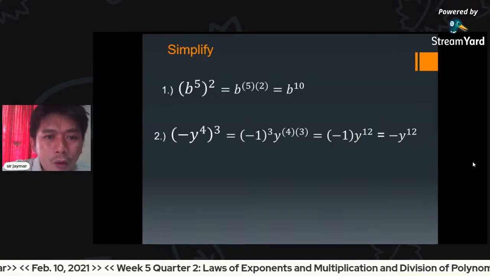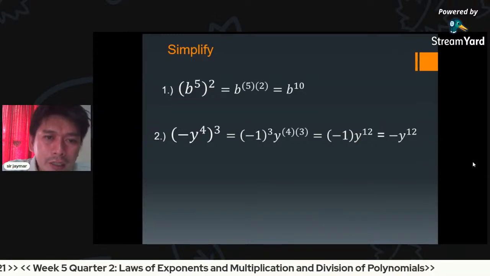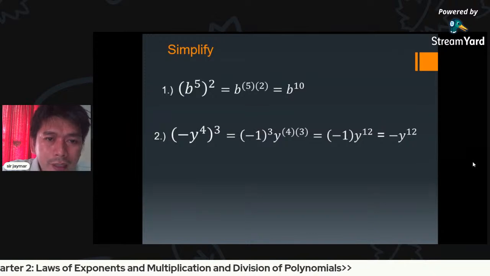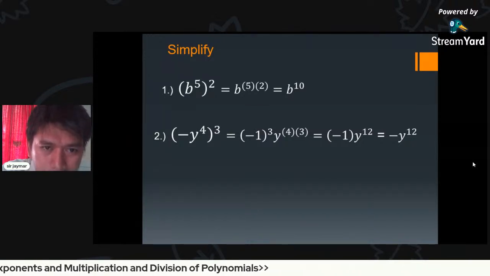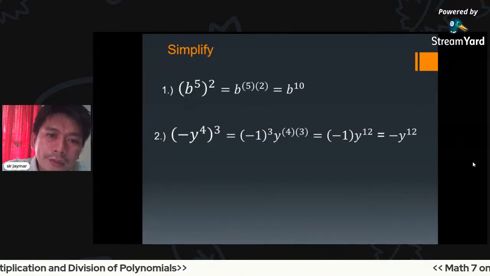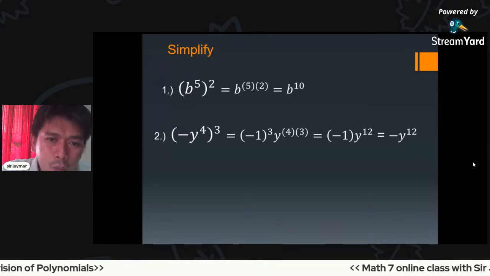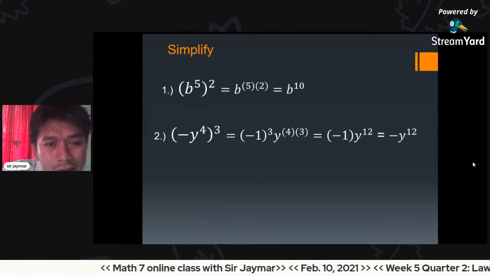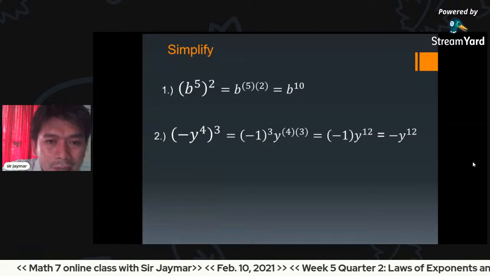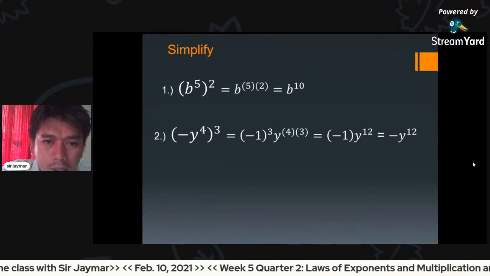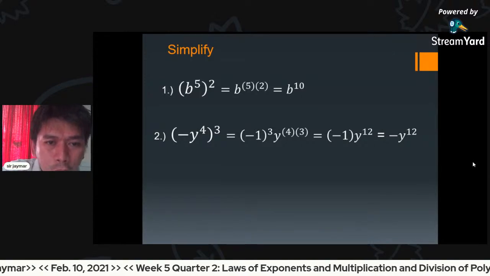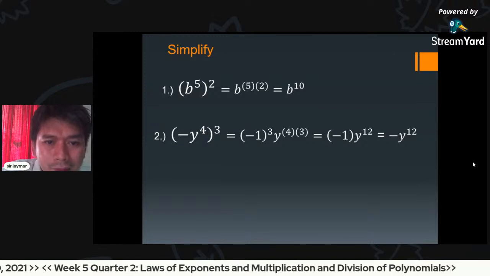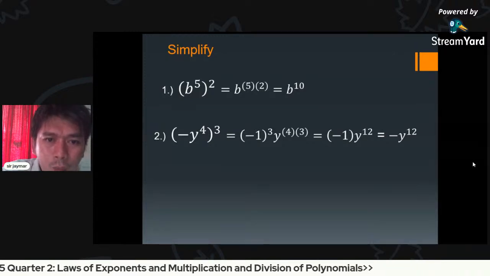So negative y raised to 4 and then raised to 3. How do we get this one? The negative sign here has a number, negative 1. If you cannot see the number, it is represented by negative 1.